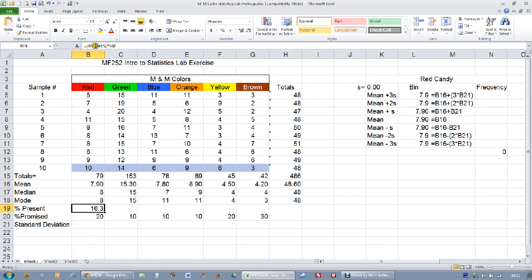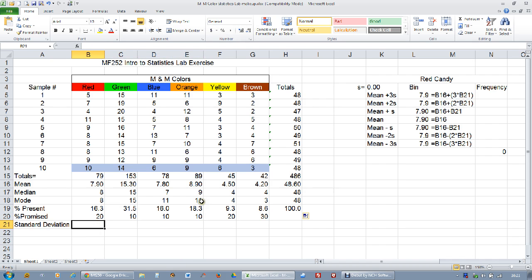Escape, and then hit enter right afterwards. There we go, and I'm going to drag that right across, and as you can see, our final cell is 100% the way it should be, and you can see H15 stays the same all the way across.